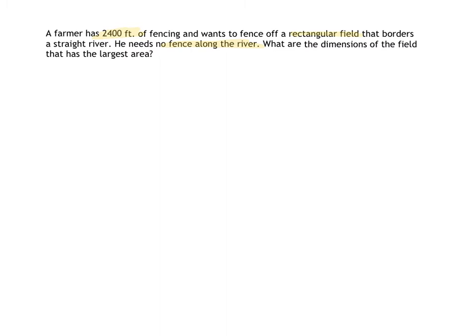But let's draw a picture. So start with some blue water right there. And now let's draw some fencing. Look, I think we're only going to have 3 sides to this. Let's let x equal the left and right side.